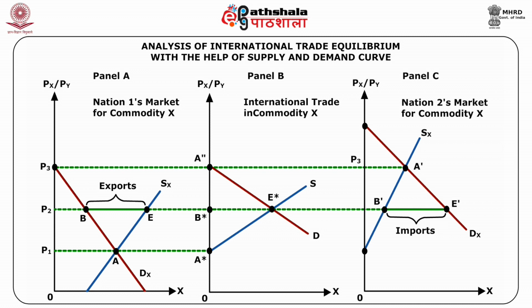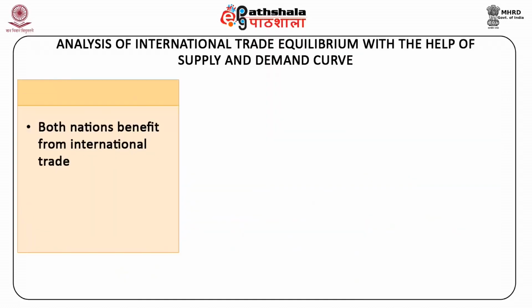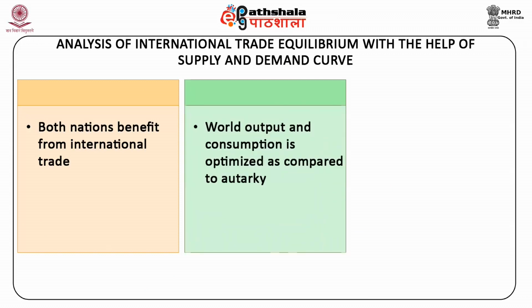International trade allows nation 1 to export BE quantity of the commodity and nation 2 to import B dash E dash quantity of commodity X at world price level P2. Both nations benefit from international trade and world output and consumption is optimized as compared to autarky.